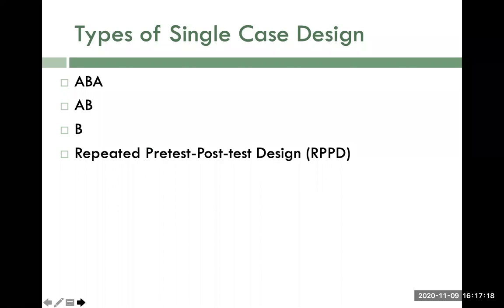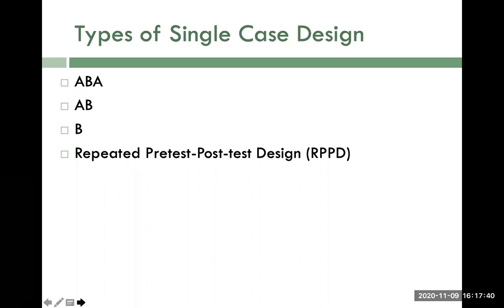The challenge with this design, obviously, is that there is no baseline. So we never know where the client was before the actual intervention. And further, we're not able to assess at a later time after they left the intervention if the intervention we offered actually was effective for the client.